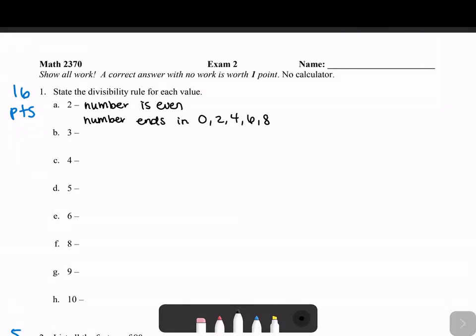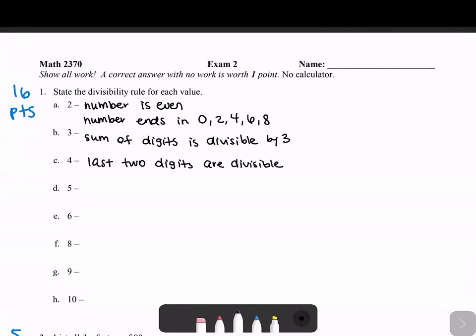The divisibility rule for 3 is that the sum of the digits is divisible by 3. The divisibility rule for 4 is that the last 2 digits of the number are divisible by 4.